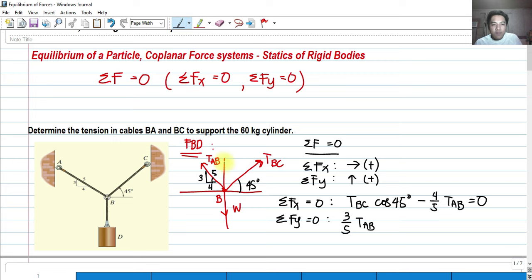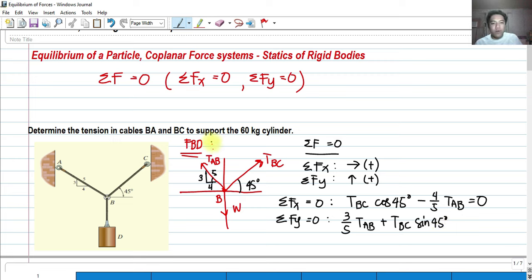It is positive because if we project this vector on its y-axis, it's going upward. So that must be positive. And also if we resolve into its y components this T sub BC, it's going upward. So we have positive TBC sine 45 degrees.